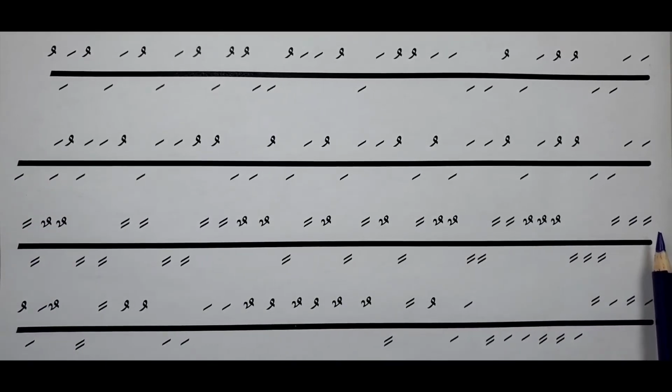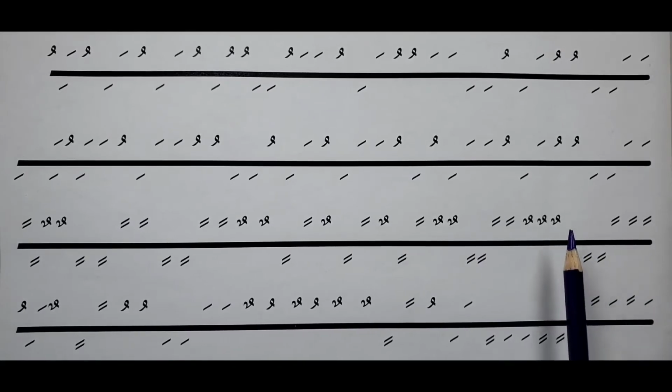Then on this one, remember we said this is Fathatain, this is Kasratain, and this is Dhammatain. We said Fatha, Fathatain, which means one Fatha, two Fathas. Now here the name and the sound. Fathatain, an is the sound.